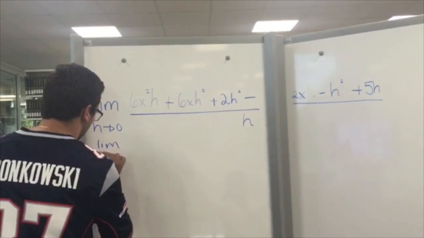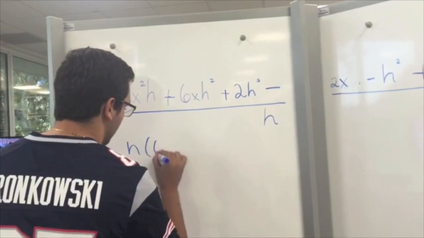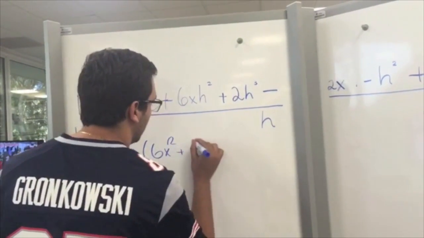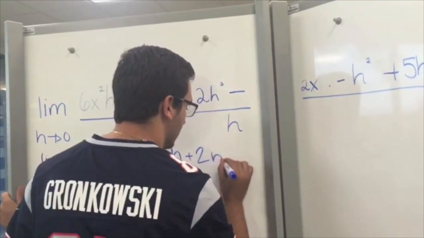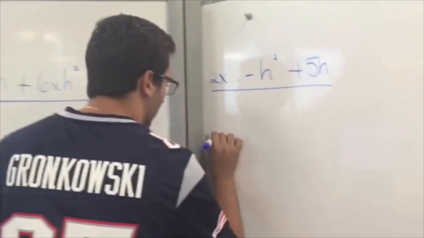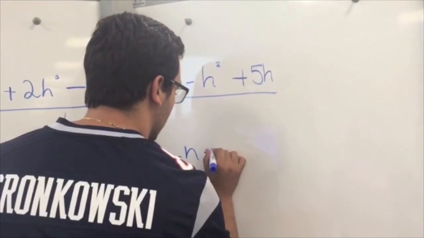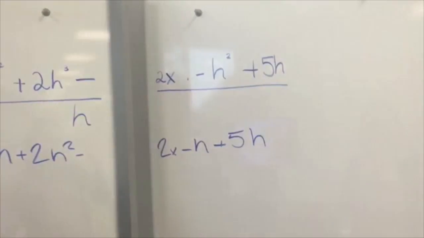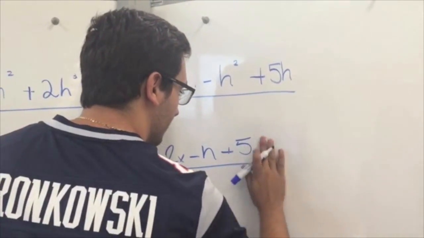Again, the limit as h approaches 0, and we all see a common factor here, which is h. We want to cancel the fraction, so h will cancel it. We take out 1h from every number above. So for example, if you have an x squared h, you're going to be left with x squared.